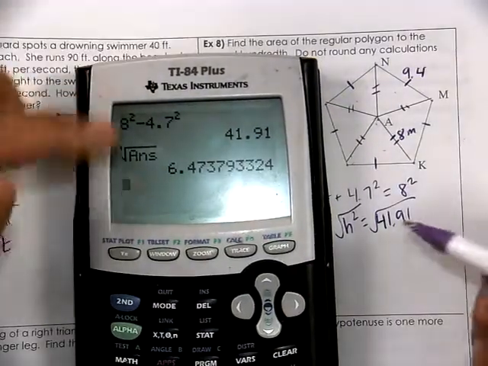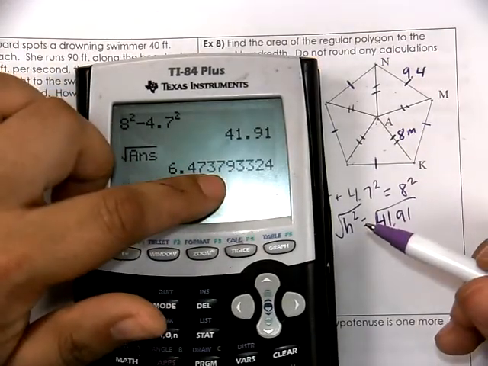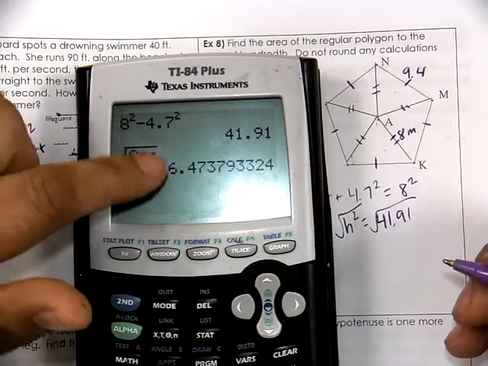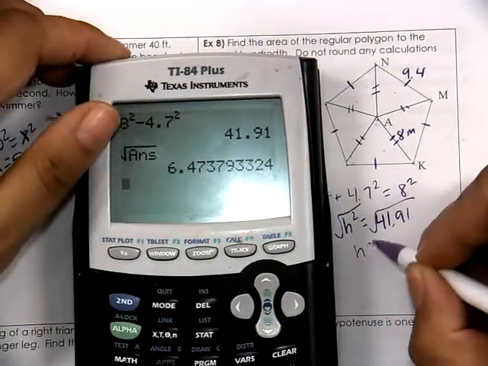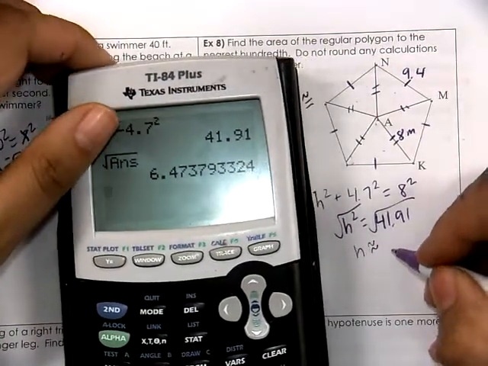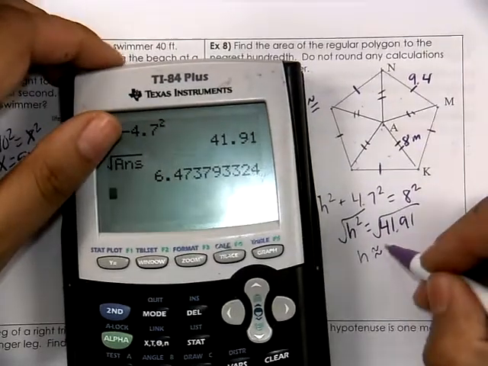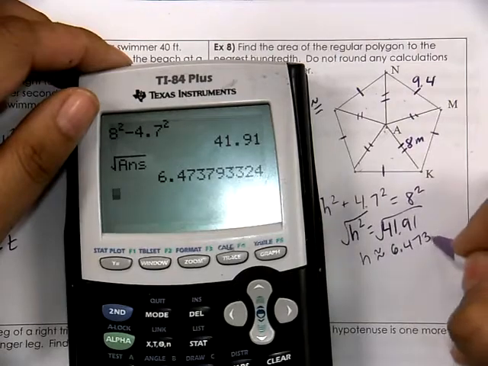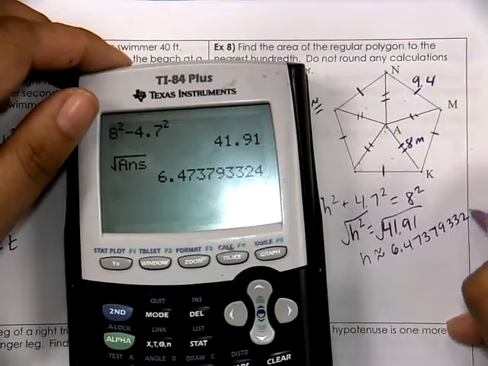You can write down a couple of them, but please try to use the answer button on your calculator, and I'll show you where that is on a graphing calculator. If you don't have a graphing calculator, you can technically use it on scientific ones as well, but it's better not to round early on because your answer will get affected.